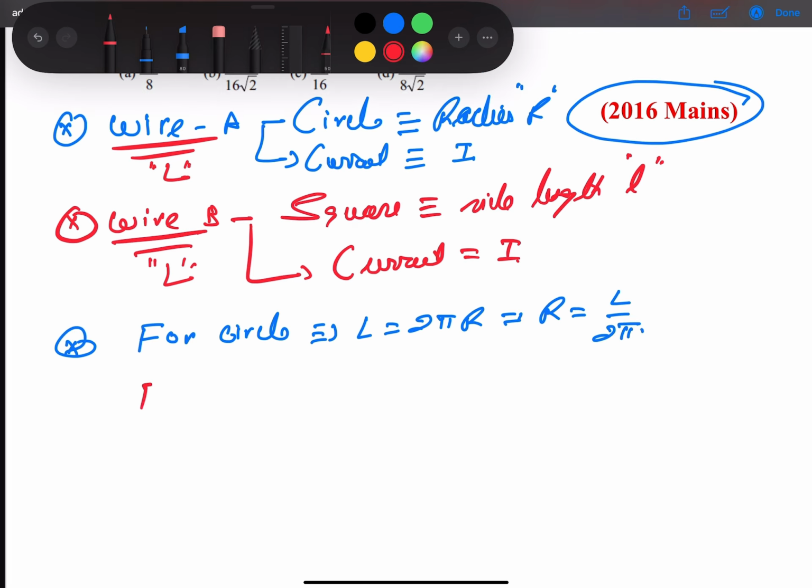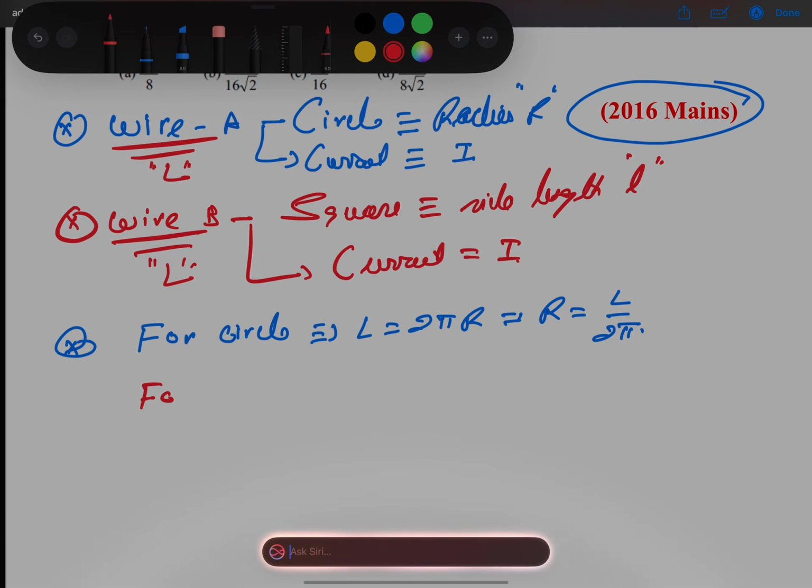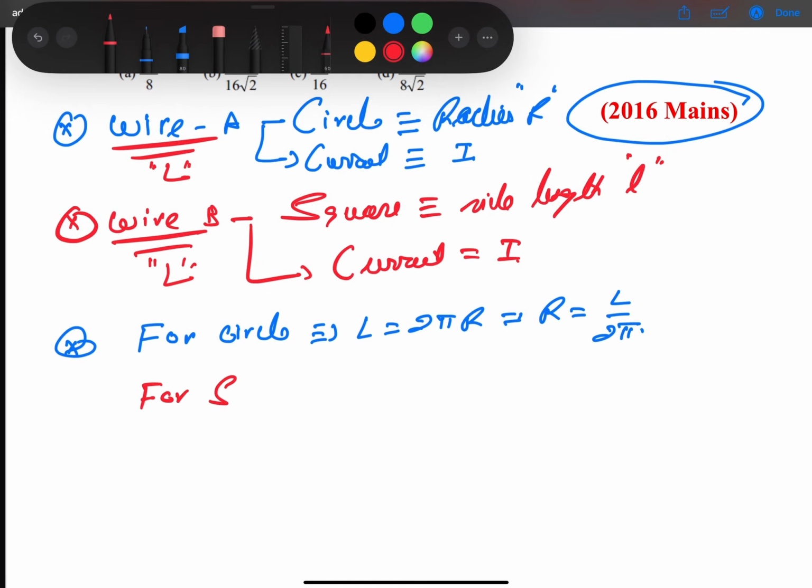For the square, this capital L will be equal to the perimeter, which gives us 4 times small l. So small l will be equal to capital L divided by 4.